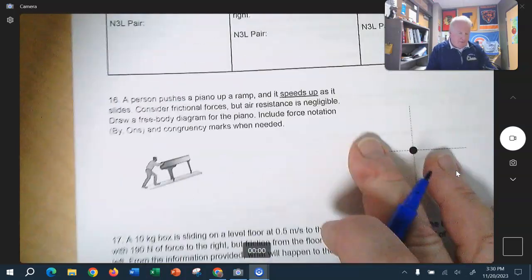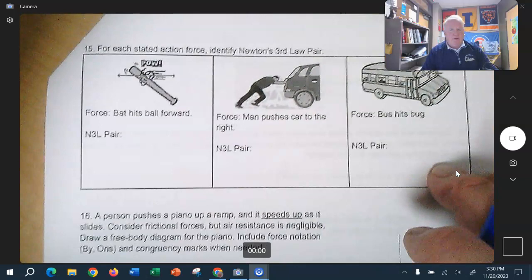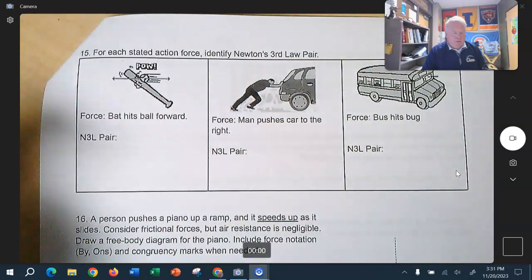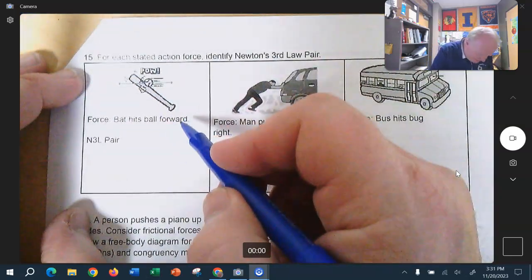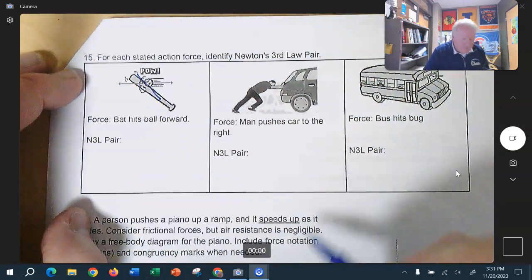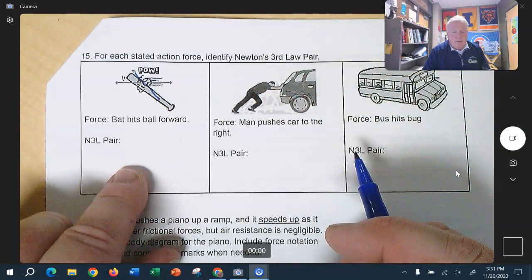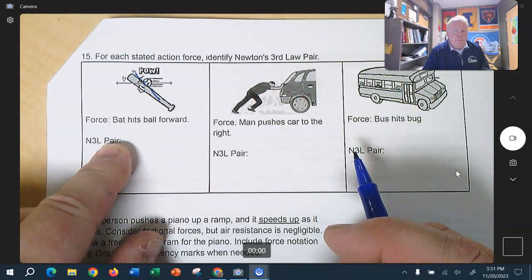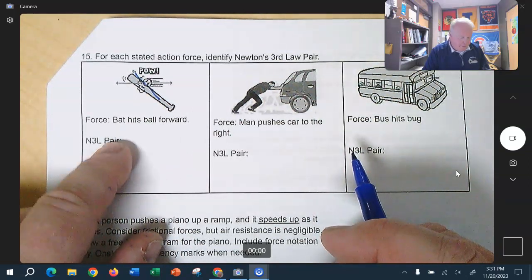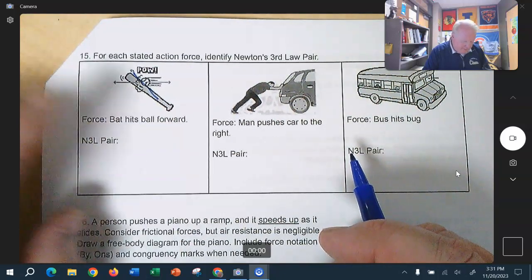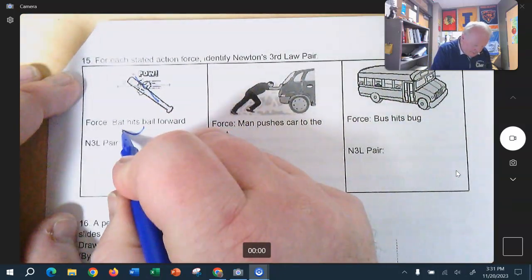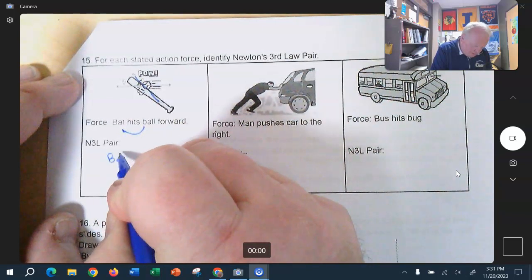All right, we're on this side. Remember, we did this stuff, and whenever we did this, remember we just simply draw a line between the two objects, right? And they're asking us for what's the reaction force. So if the ball hits the bat forward, remember we just switch these words.